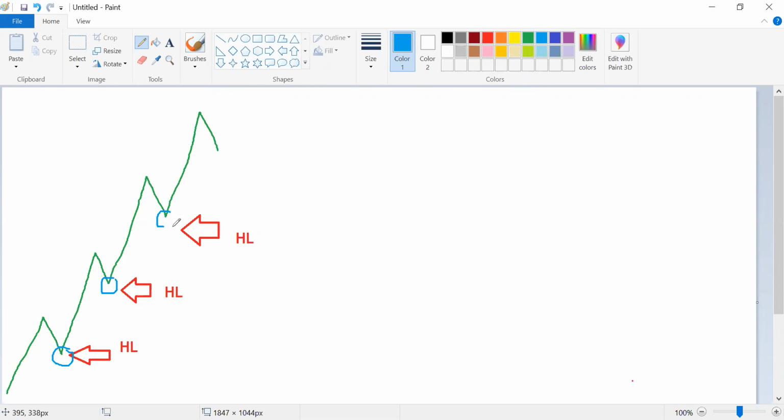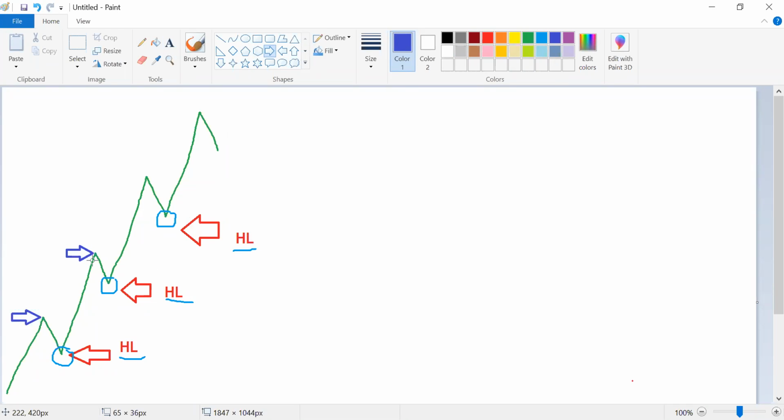So when price is making a higher low, you can say the stock is in uptrend. That is when you can say you can buy the stock, if it is making a higher low. Now you need more confirmation. So it is making a higher high.